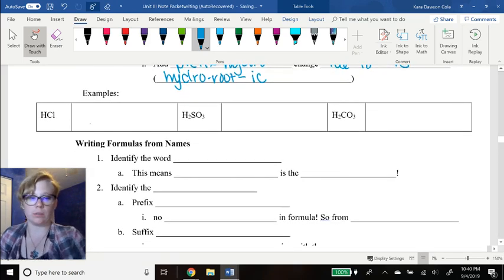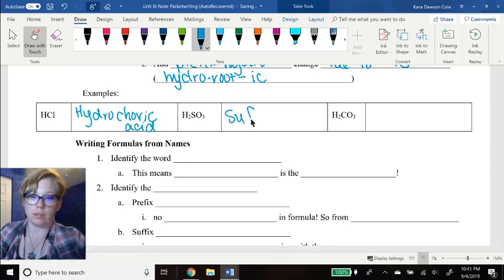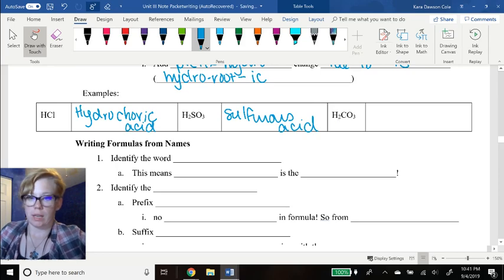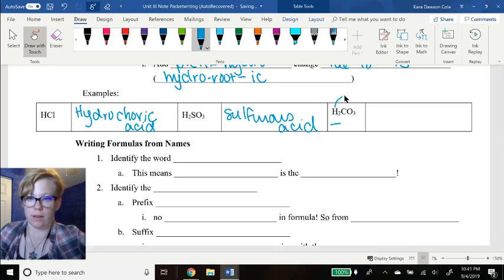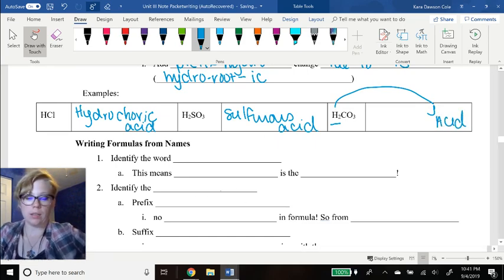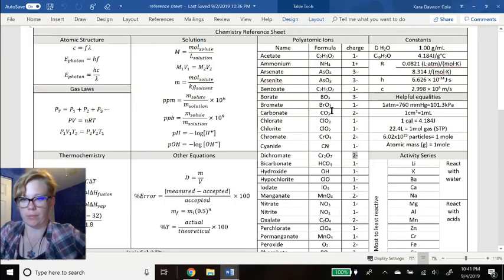We've already done these two in class. HCl is hydrochloric acid, and H2SO3 is sulfurous. We have not done H2CO3. The H signifies that I have an acid, and then I would go and look on the back of my periodic table at my reference sheet for CO3. That would be carbonate.